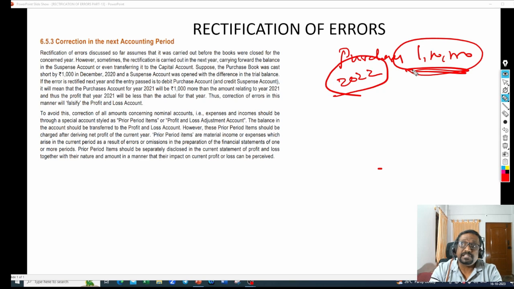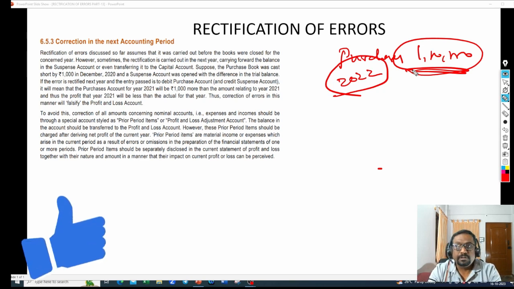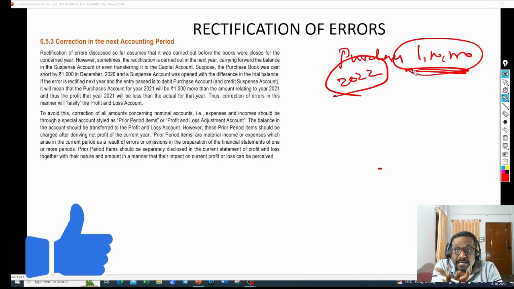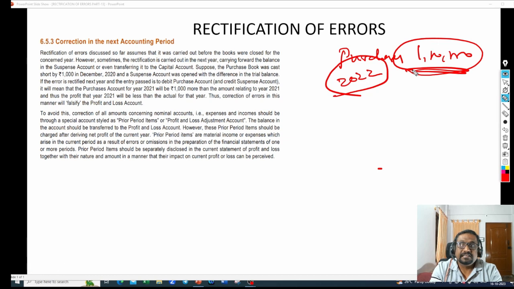That means your purchase account would have been understated in 2022. To the extent of 1 lakh, your expenditure would have been understated, shown at a lesser value.